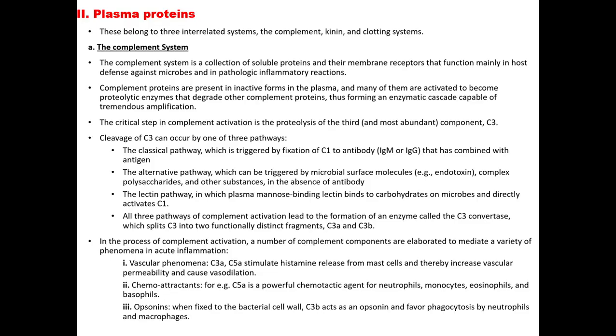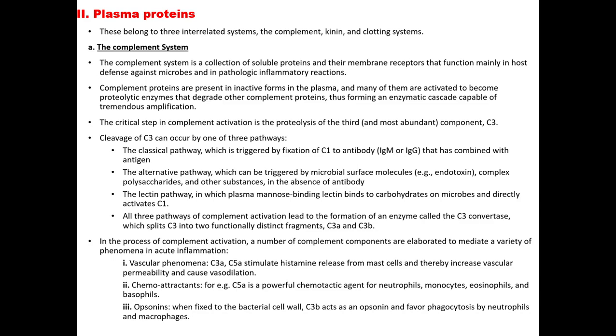Plasma proteins belong to three interrelated systems: the complement, the kinin and the clotting system. The complement system, which is the major part of our discussion, is a collection of soluble proteins and their membrane receptors that function mainly in the host defense against microbes and pathological inflammatory reactions.